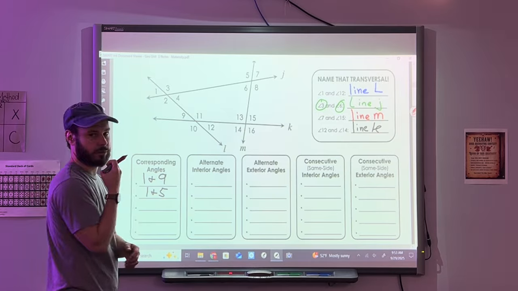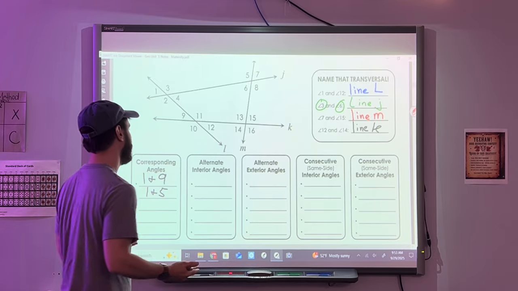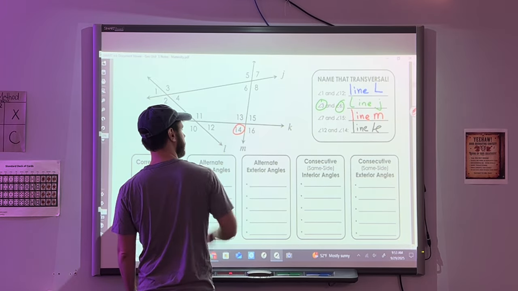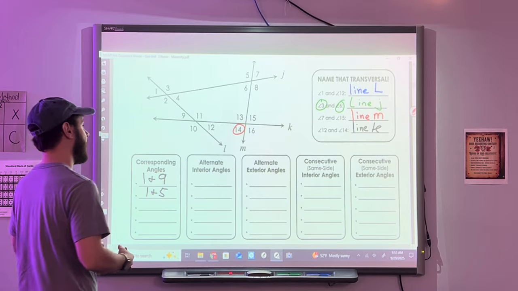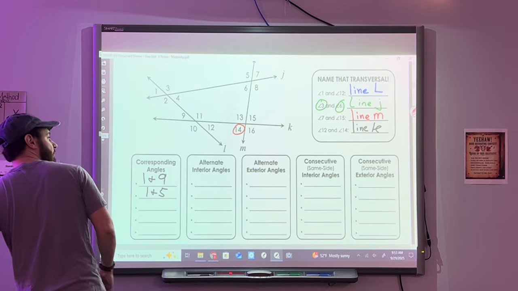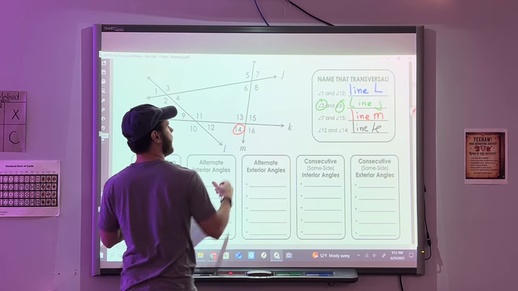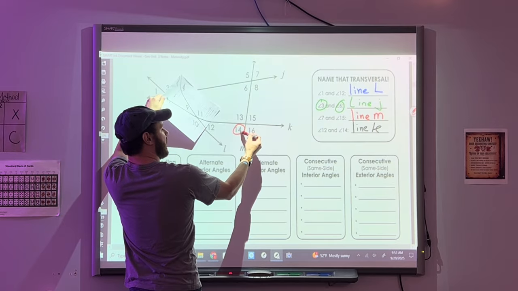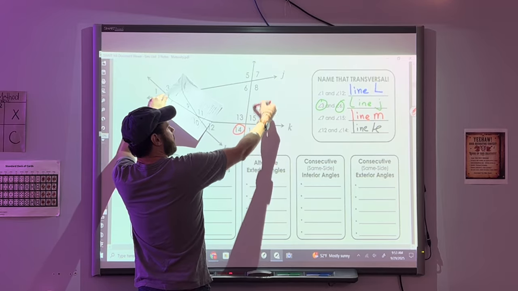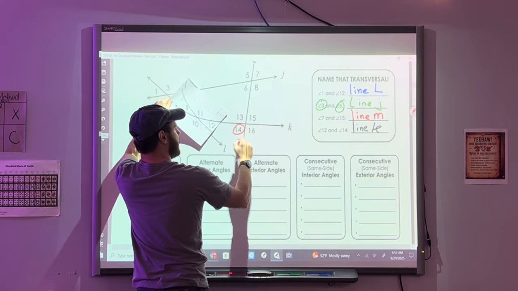Alternate interior. Okay, so let's just pick any point. Now I want opposite sides and inside. So if I try to work with this one up here and cross this off and not focus on it, this one's now on the outside of the hamburger, where this stuff is in the middle and my bun would be up like that.